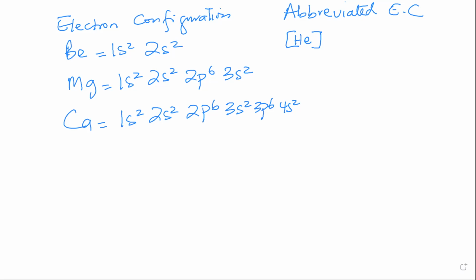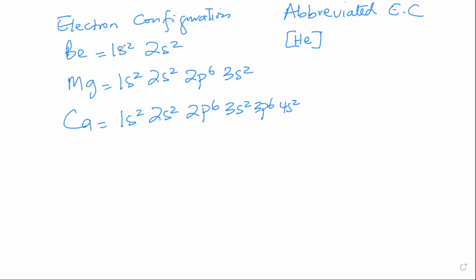Now, the noble gas before beryllium is helium. So we put that in parentheses. That means this is the electron configuration of helium.